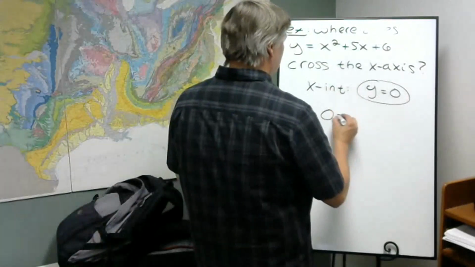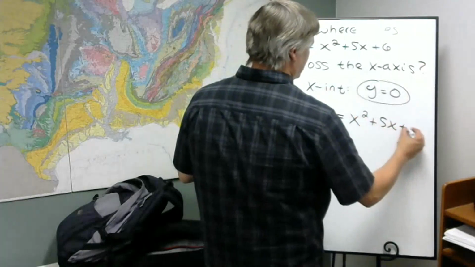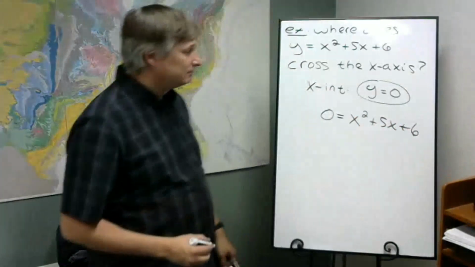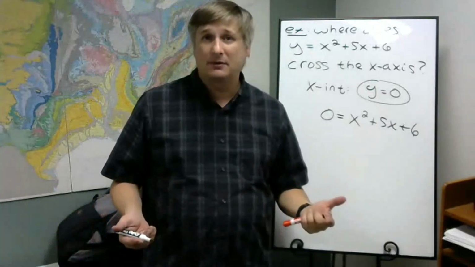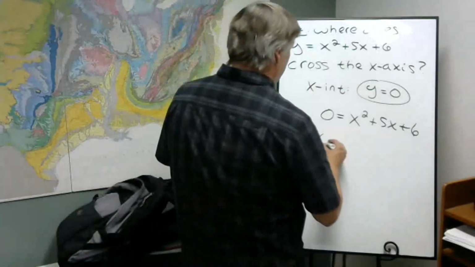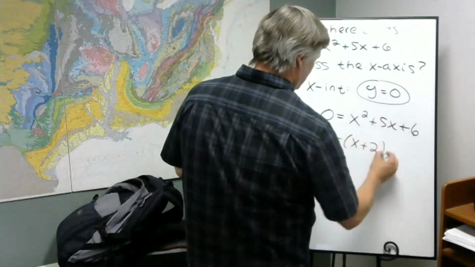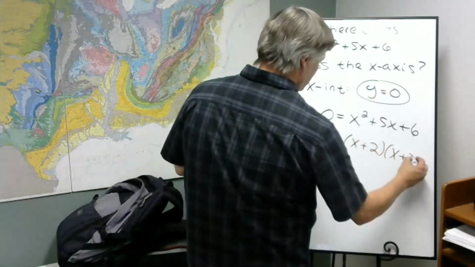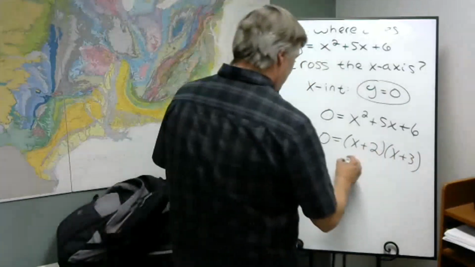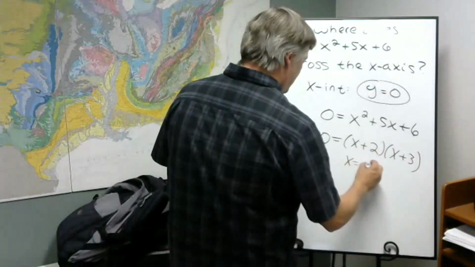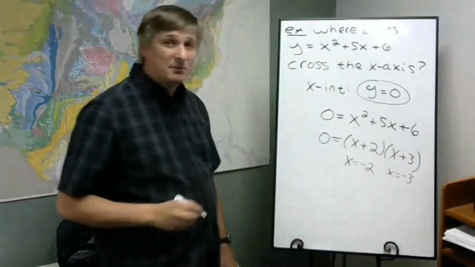We now have 0 equals x squared plus 5x plus 6. Now this is one we worked on at the beginning of the class today. This will factor out using the guess and check method. And we find out that x is negative 2 and x is negative 3.